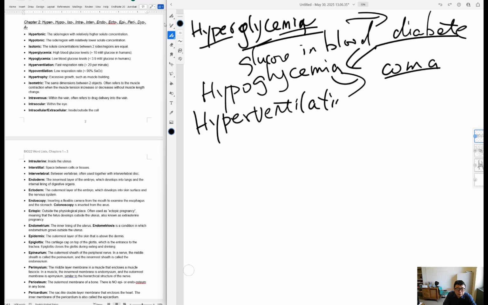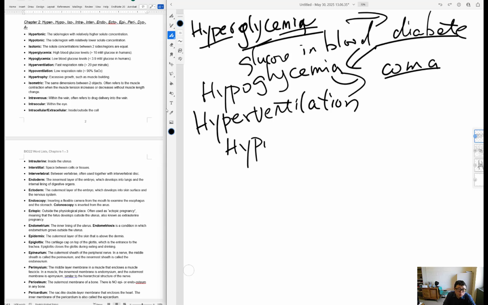And hyperventilation. Hyperventilation is a fast respiratory rate. Very fast. It's normally triggered by some stimulus, etc. In most cases, it's not a big deal. More than 20 respirations, inhale and exhale, per minute is considered hyperventilation.